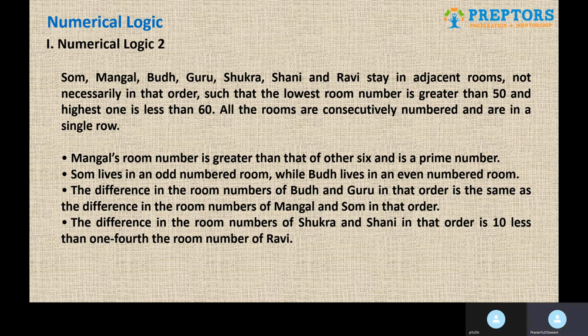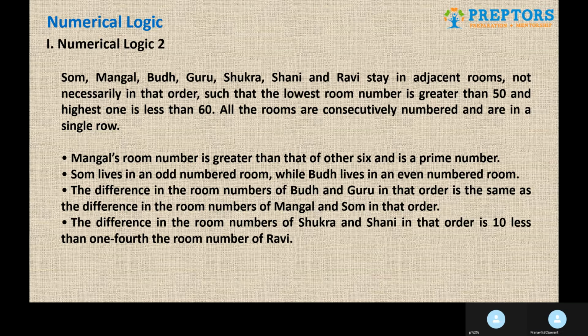We know that the room numbers are consecutively numbered. If Mangal's room number is the highest, the other six room numbers will be lesser than Mangal's. If we take 53 as Mangal's room number, we can't fit in the range for the other room numbers.